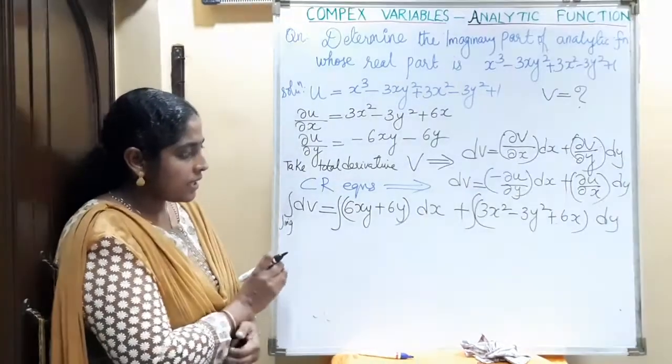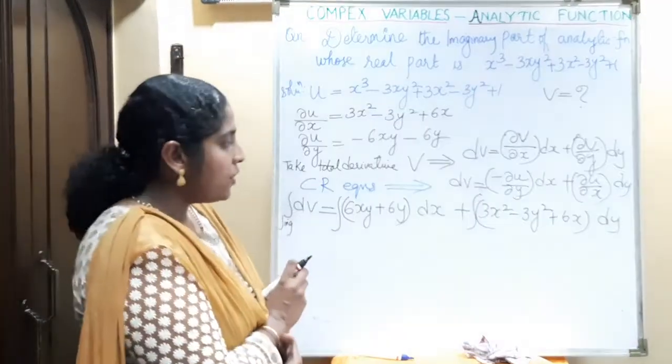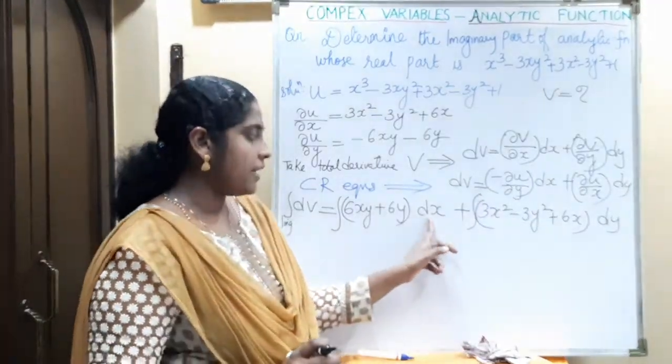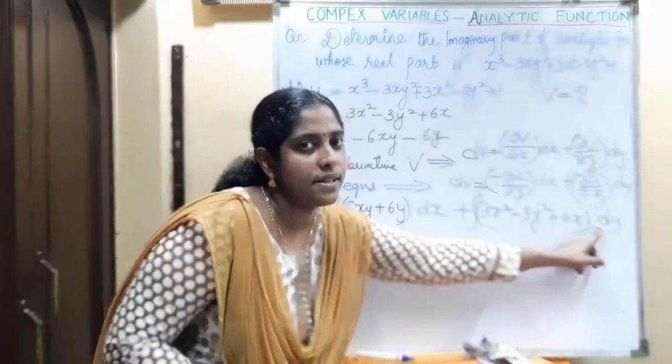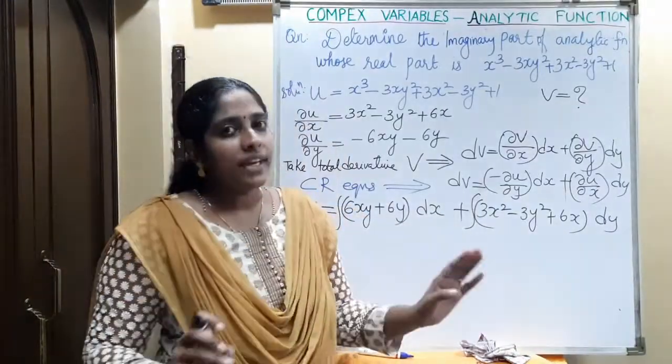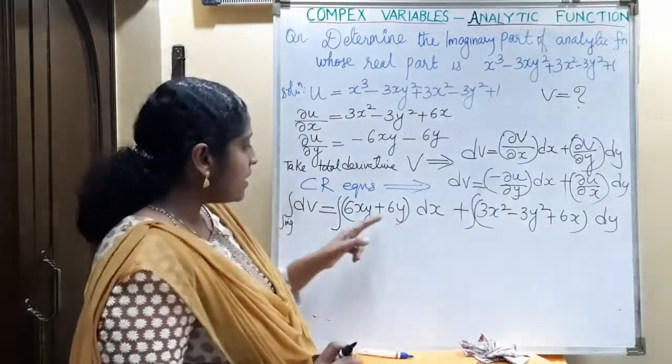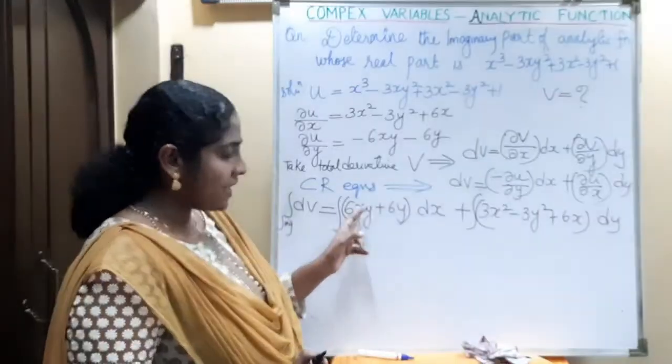Here we have to do it carefully because this is integration with respect to x, and this is integration with respect to y. x and y are two independent variables, so this is a combination of x and y.